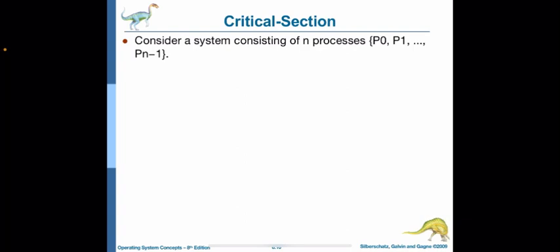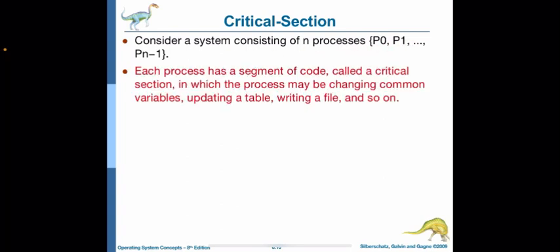But in case of a system, there can be n different processes. N processes, they are named as P0, P1, etc. up to Pn minus 1. And each process has a segment of code called the critical section, in which the process may be changing common variables, updating a table, writing a file, and so on.